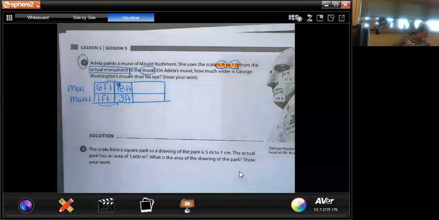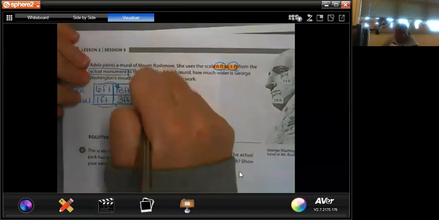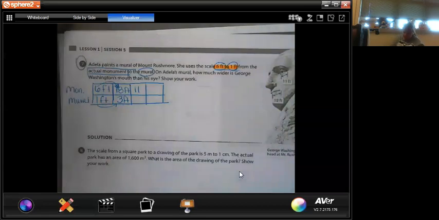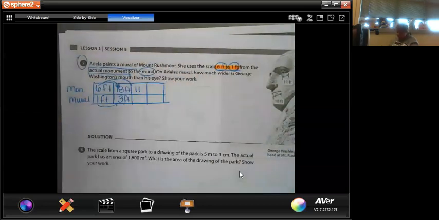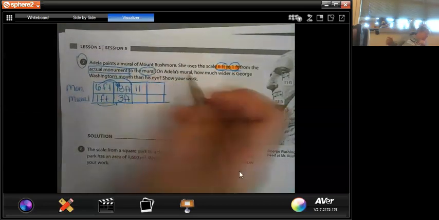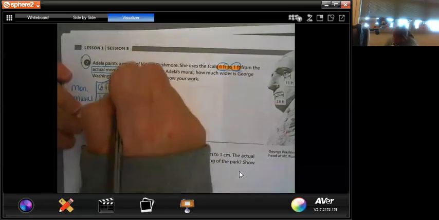So in order to do that, we would need to do this. We know that this times 1 5/6 is 11.